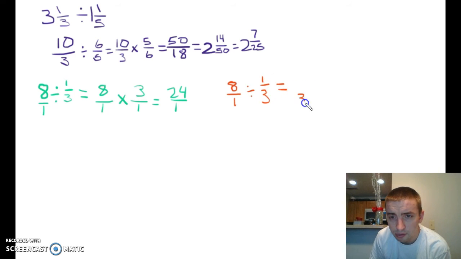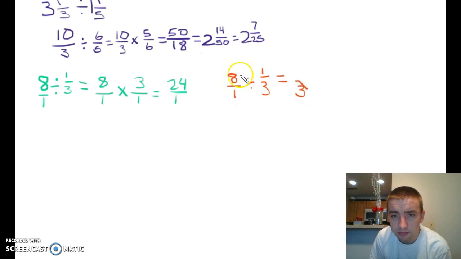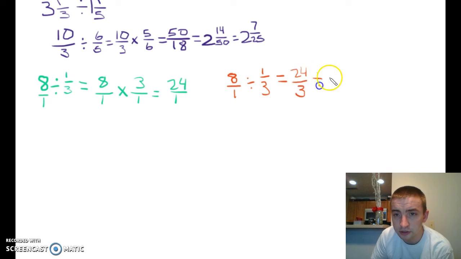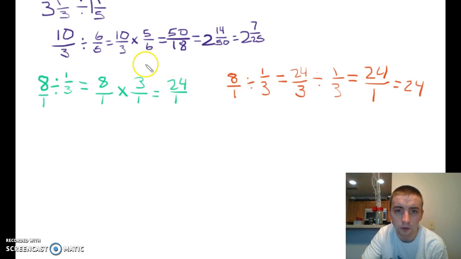So 1 times 3 is 3. So then 8 times 3 is 24. So it'll be 24 thirds divided by 1/3. And I know that 24 divided by 1 is 24. So then 3 divided by 3 is 1. So my answer is 24. Same as I got over here.